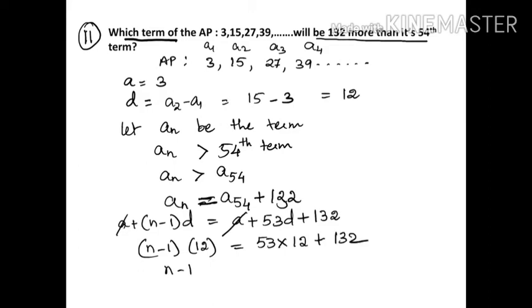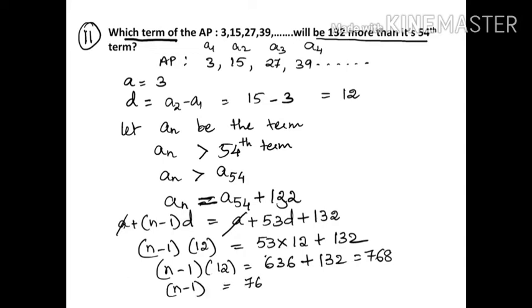So (n - 1) times 12 is equal to 636 plus 132, which on adding gives us 768. So n minus 1 is equal to 768 divided by 12, which is equal to 64.